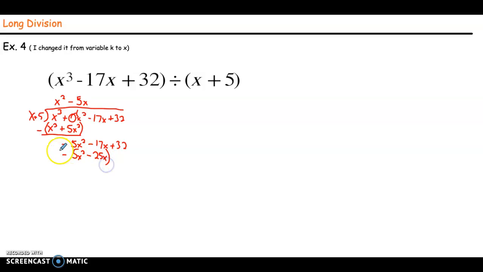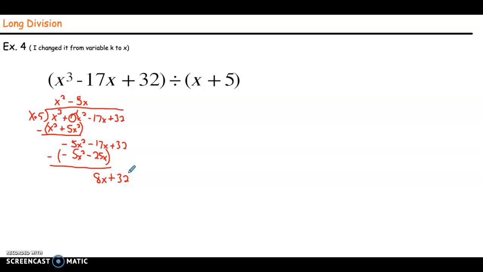Again, I'm going to put parentheses around this. We are subtracting that. Negative 5x squared minus a negative 5x squared. That's 0, as it should be. Negative 17x minus a negative 25x, so that becomes plus 25x. That gets us to be an 8x. Bring down the 32 that we didn't mess with.